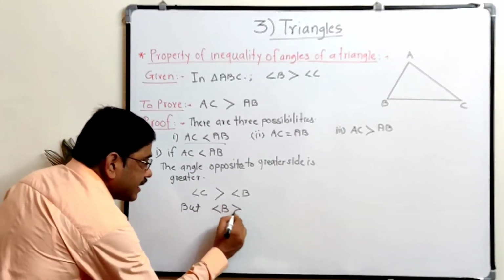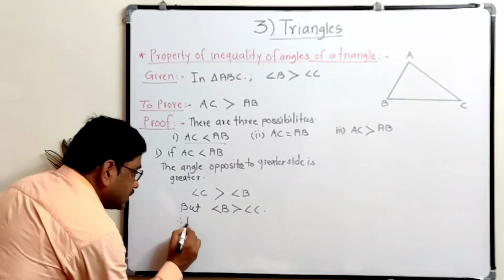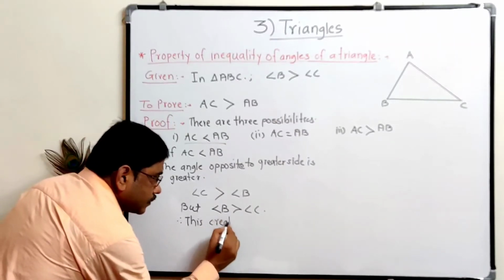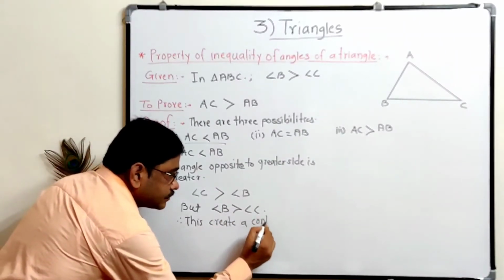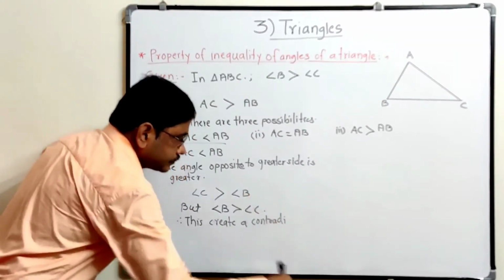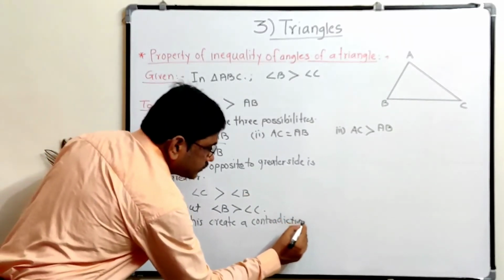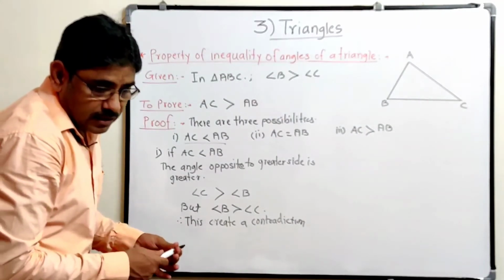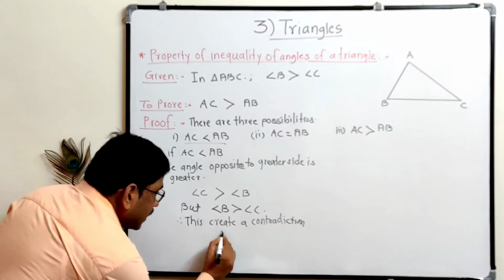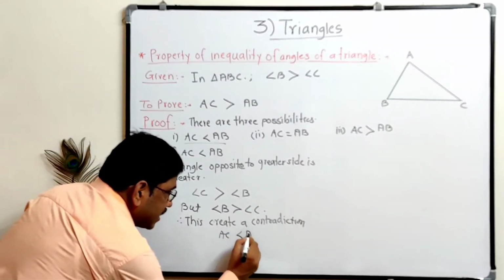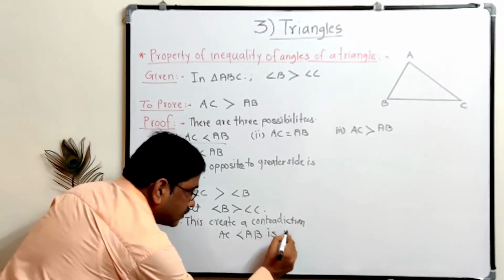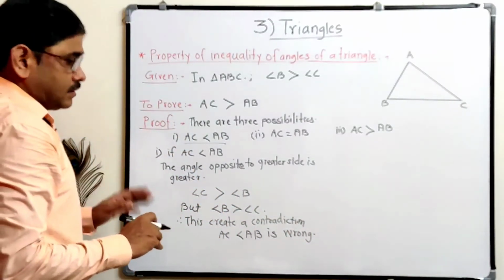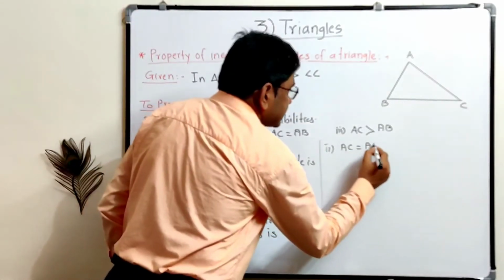Angle B is greater than angle C. Therefore this creates a contradiction. And therefore our assumption is wrong, and therefore AC less than AB is wrong. That means this possibility cannot happen. This is not possible.